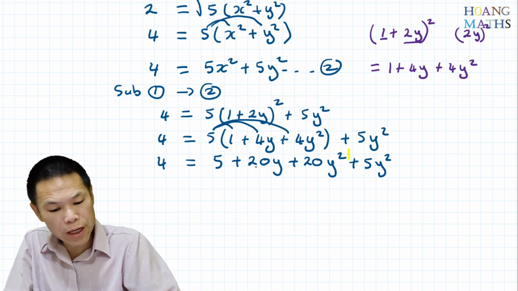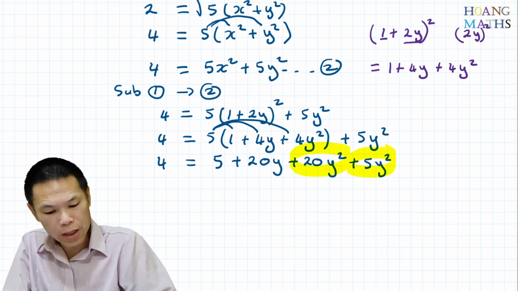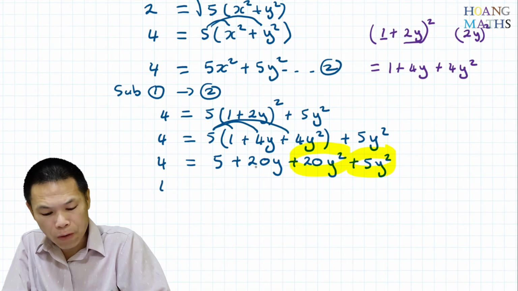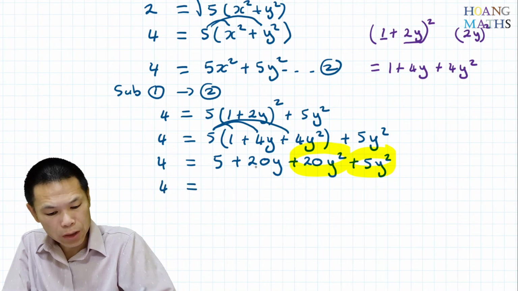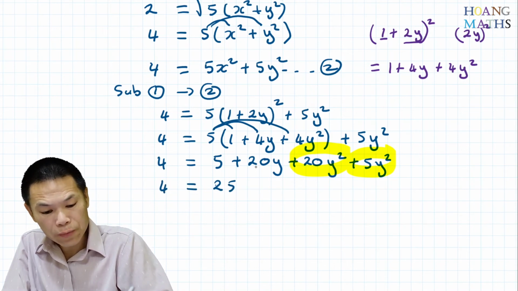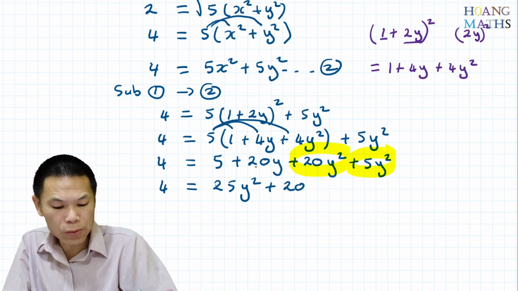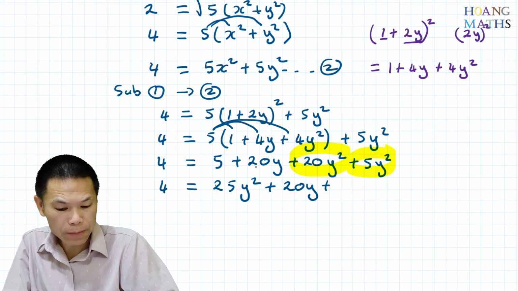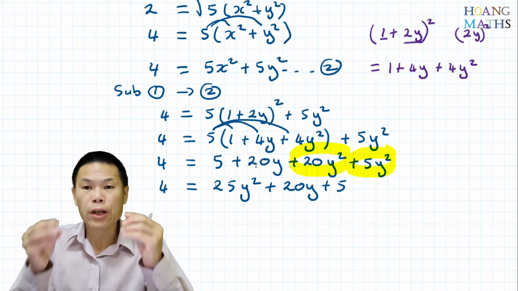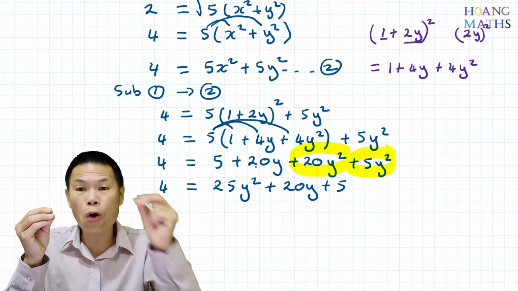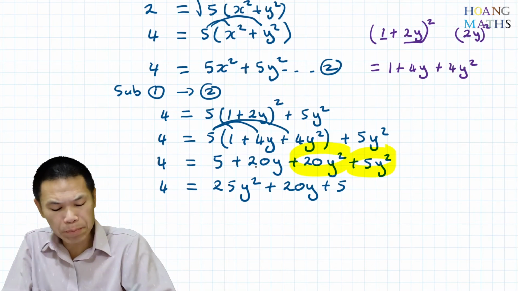So what we have here is 20y square. We add another 5y square. So that will give me 4 is equal to, so we have 25y square, and we add 20y and plus 5.